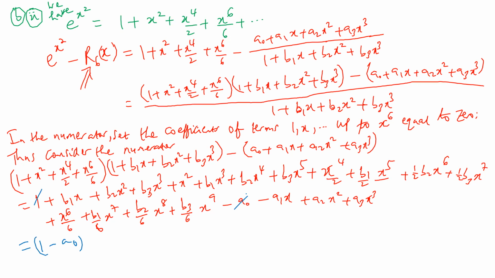Okay, those are constants. And then we look at the linear terms now, which is b1 minus a1, and then you put x. So you have that. Okay, now you look at the quadratics. We have that quadratic and then plus 1.